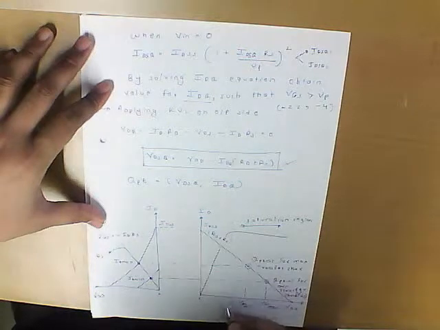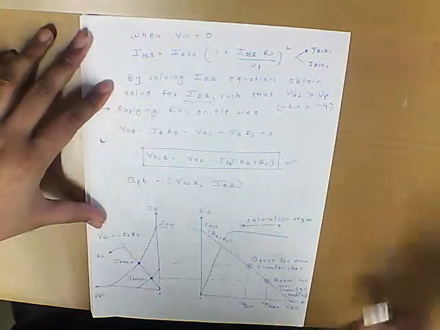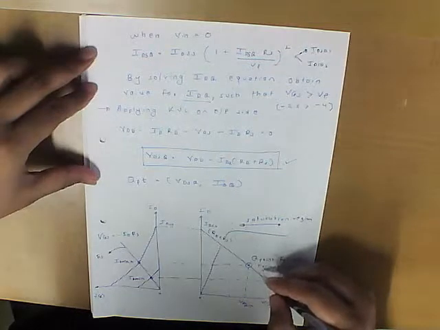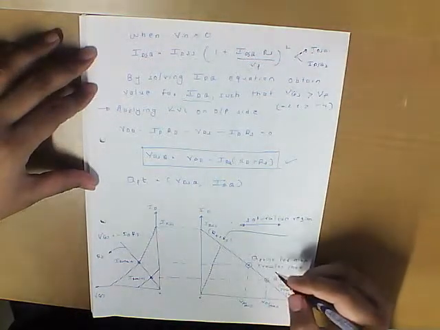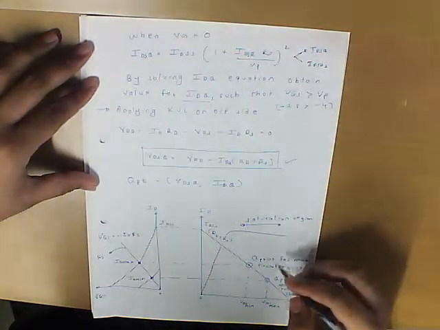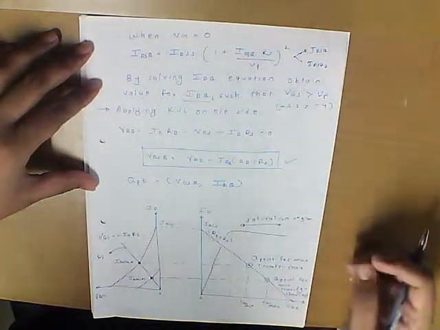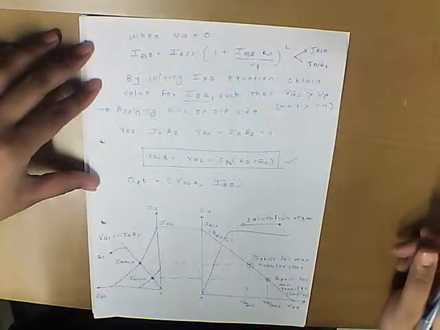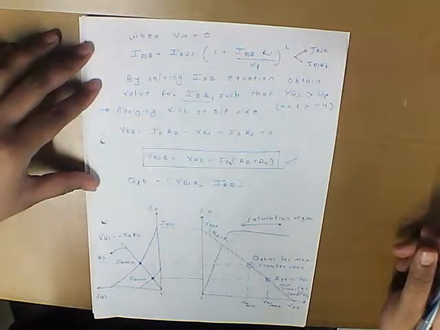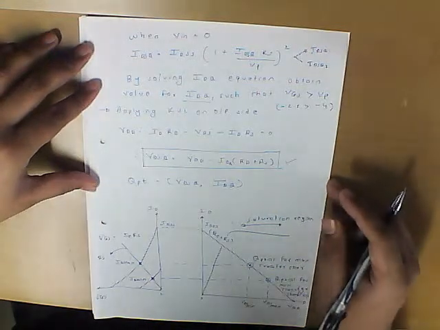Somewhere here we will have a cutoff. If the Q point is near the cutoff, then we can use the transistor as a switch, and if the Q points are in the saturation region, then the transistor in this configuration can be used as an amplifier. So when we talk about self-biasing circuits, we talk about amplification, and when we talk about fixed bias circuits, we talk about switching. So fixed bias circuits are used for switching, and self-bias circuits are used for amplification.